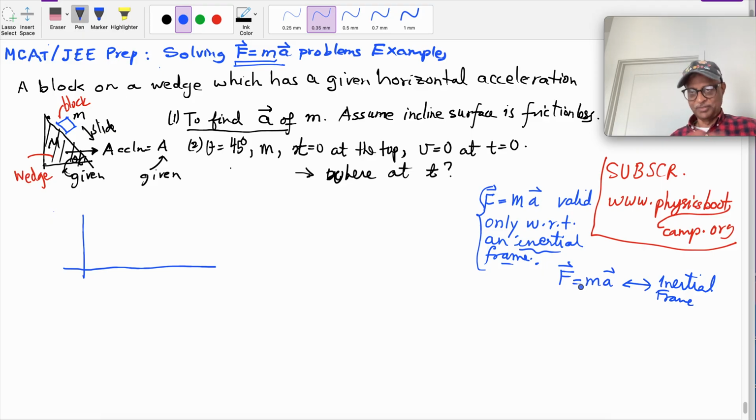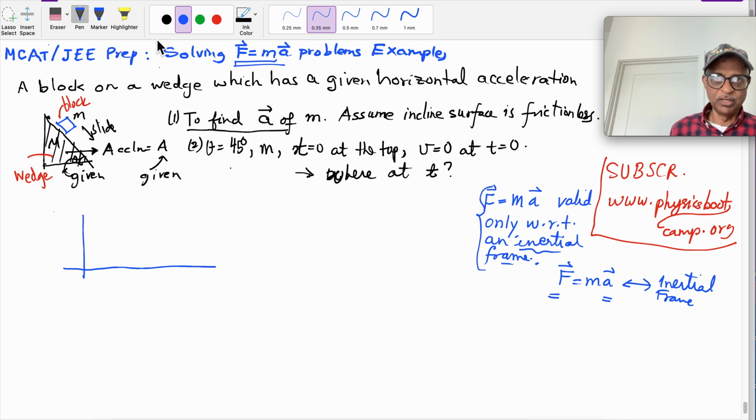An inertial frame says that if there is no force, then there is no acceleration. But this is accelerating, and there may be force involved, but if I attach a frame to it, the acceleration goes to 0, because with respect to that frame the wedge will not be accelerating.